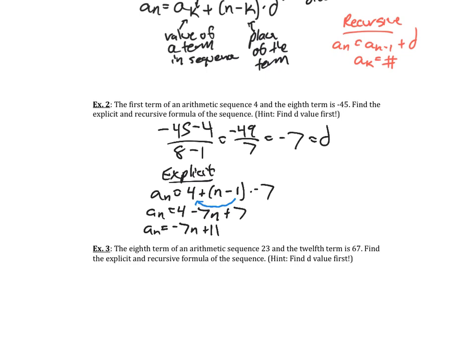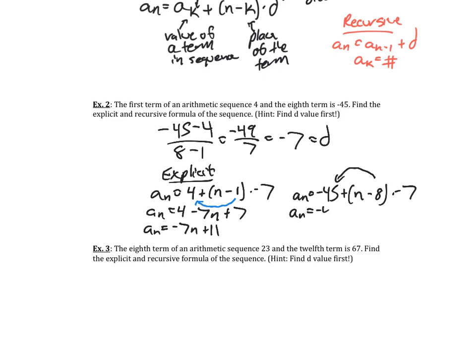Conversely, watch what happens here. Let's say you didn't use the 4 term and you used negative 45 to come up with a formula. You would say a sub n equals negative 45 plus n. What term was negative 45? It was the 8th term, so we're going to put minus 8 in here, times negative 7.